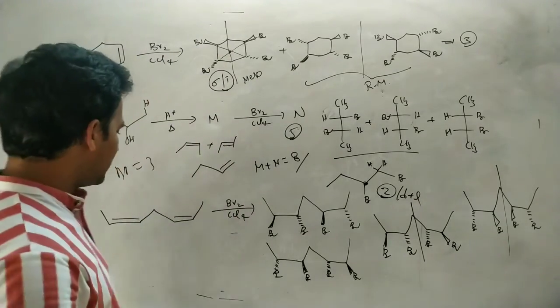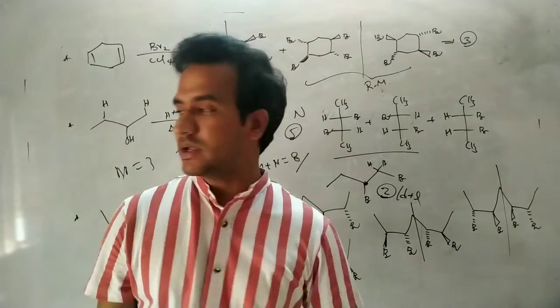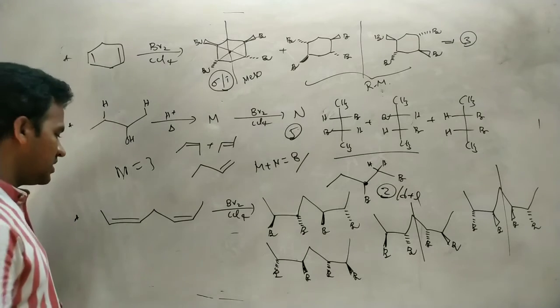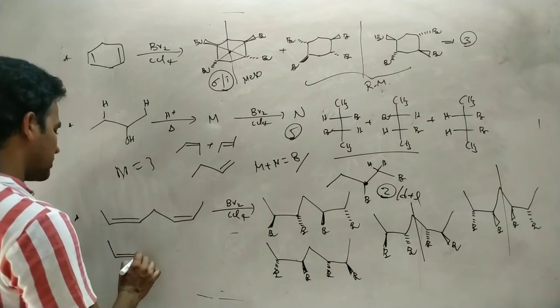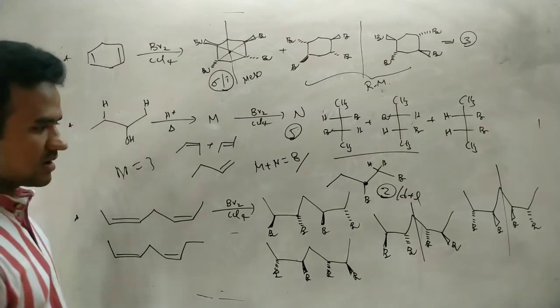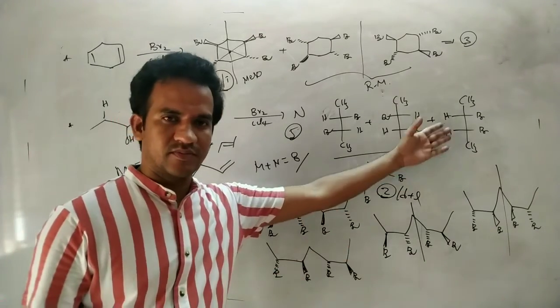Okay, that's it. That was when the diene is a symmetric diene. Now let's calculate the isomers when the diene is unsymmetric. When the diene is unsymmetric, this symmetry is not possible.